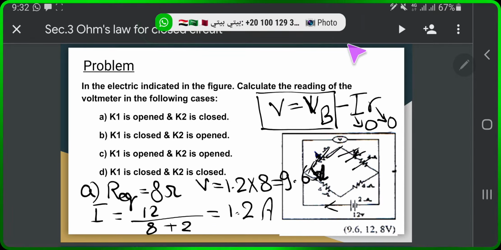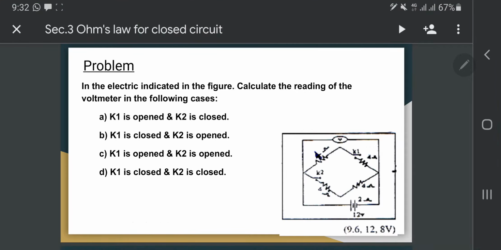Number C: K1 is open and K2 is open. So the whole circuit is open. Current doesn't flow, I equals 0.